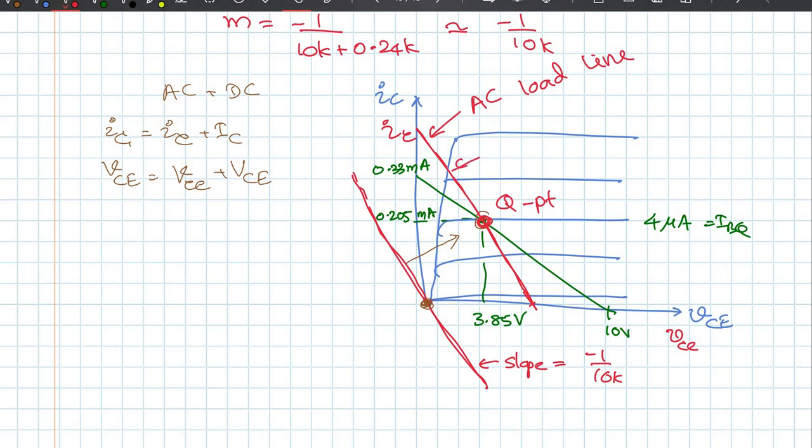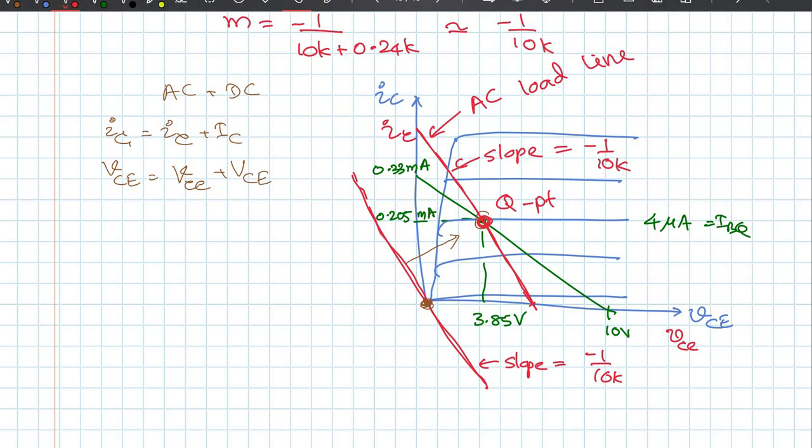The slope of this is minus 1 over 10k. Note that the slope is steeper. It's a less negative value: minus 1 over 10k is greater than minus 1 over 30k.